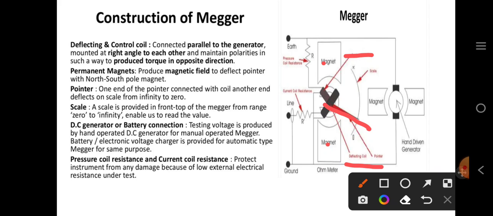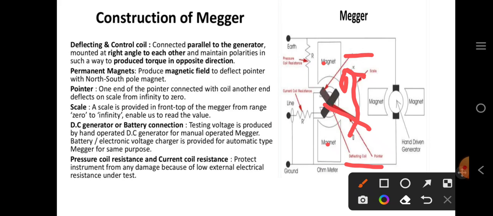Now the third point is the pointer. One end of the pointer is connected with the coil. The other end deflects on the scale from infinity to 0. As I have already described, the pointer is deflected over this measuring scale, which ranges from 0 to infinity.